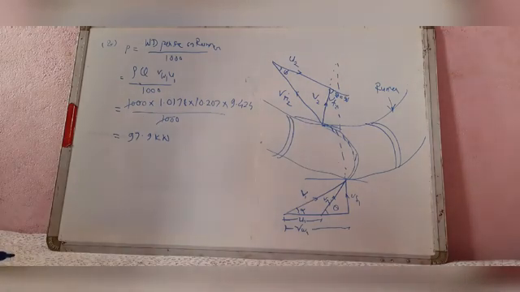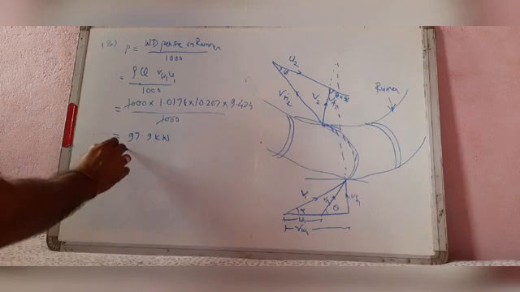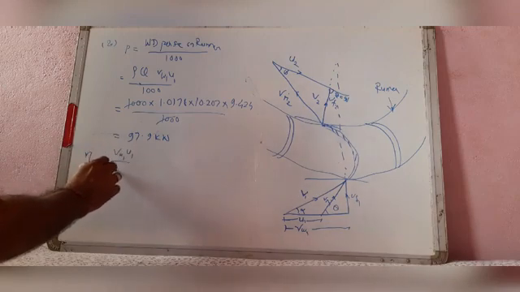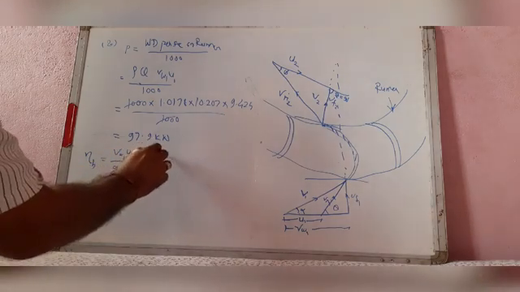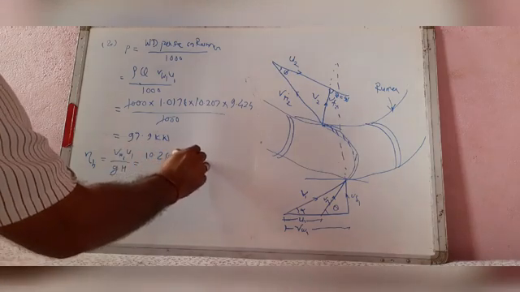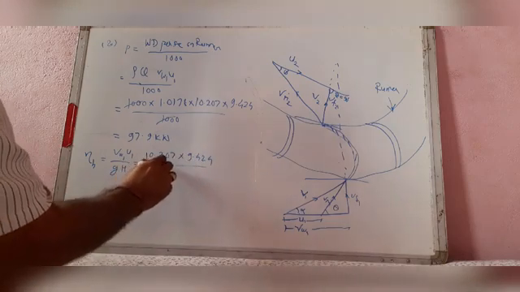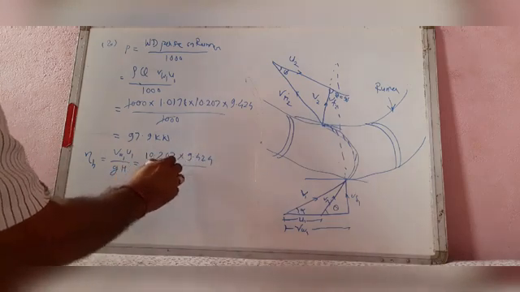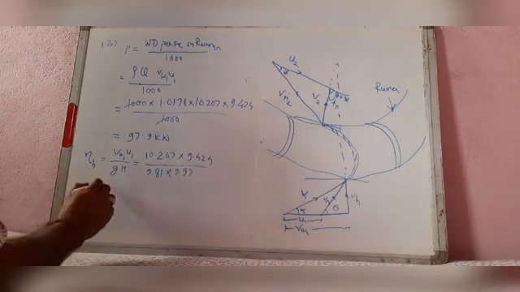And last, the hydraulic efficiency. For getting the hydraulic efficiency, it is VW1 U1 by gH. Putting the values here, 10.207 into 9.424 divided by 9.81 into 9.97, as we have calculated earlier.